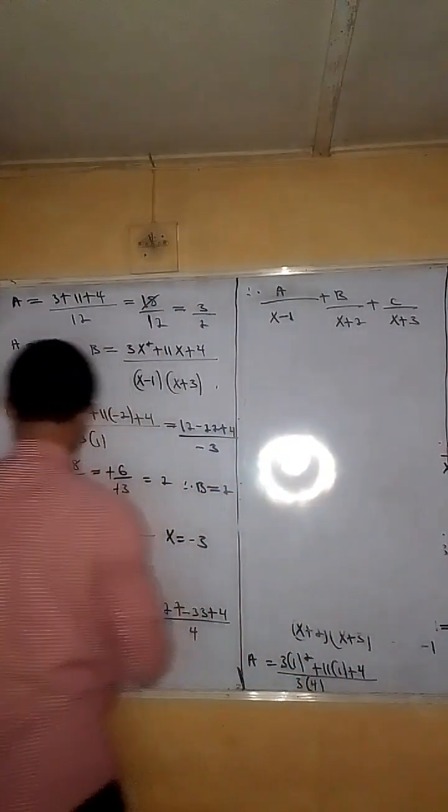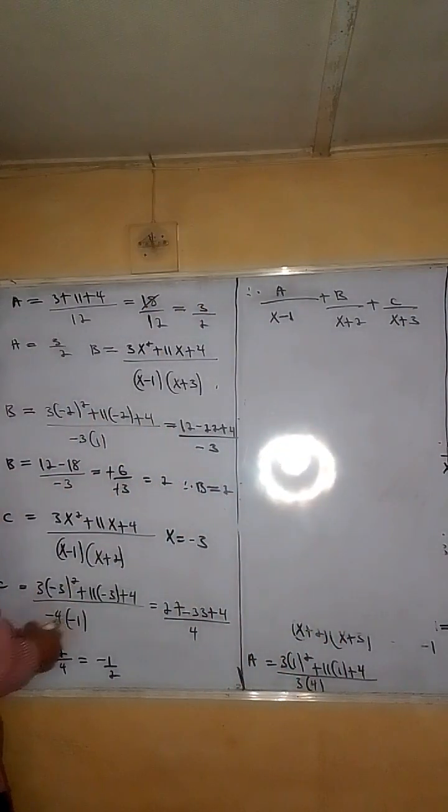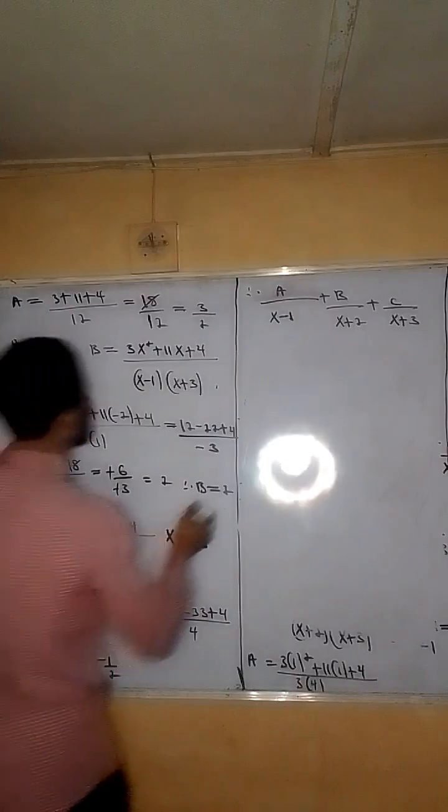We have already gotten A. Let us put the value of A back. Our A is 3 over 2.